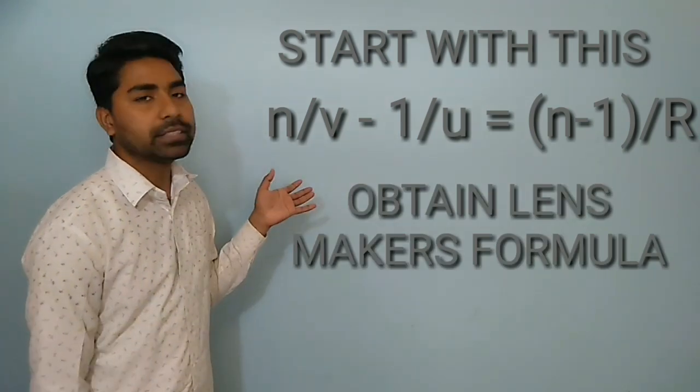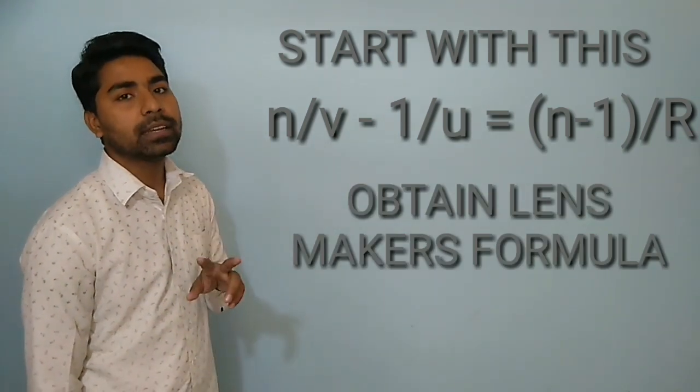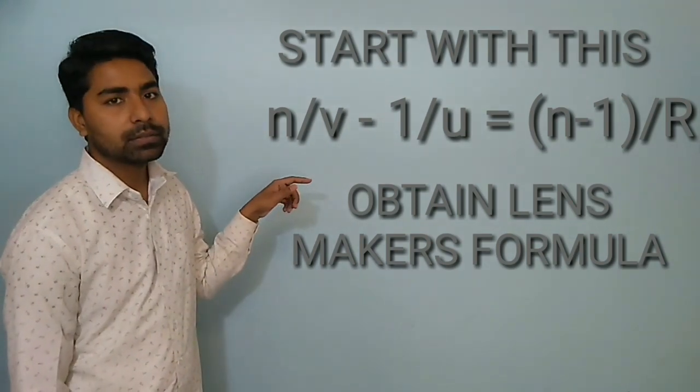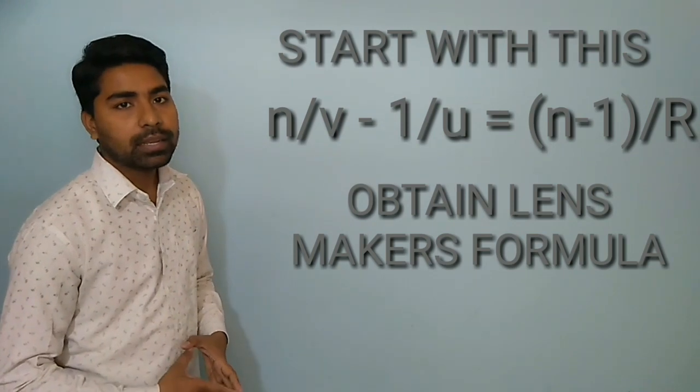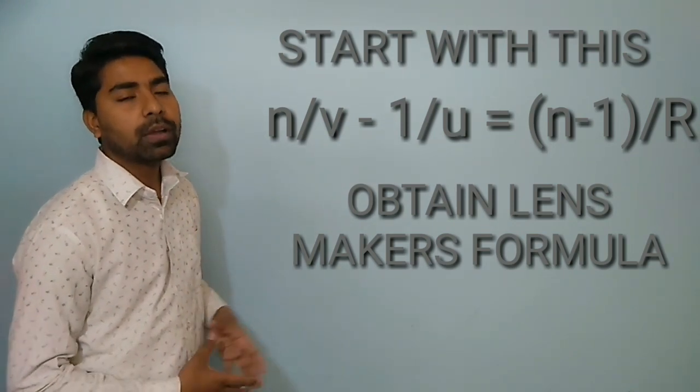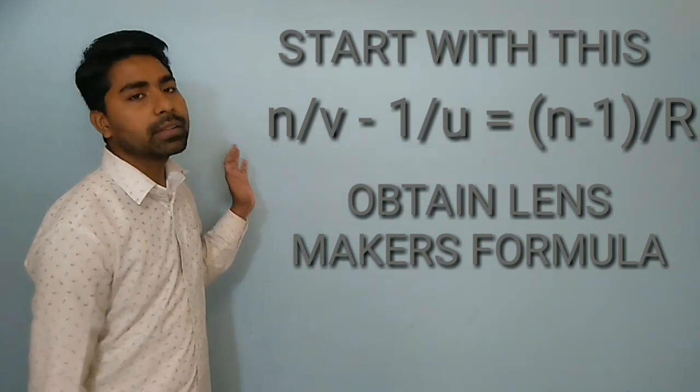So don't forget this equation. Either it will come to prove this one, or it will say start with this equation and obtain the lens maker formula. So we are going to prove the lens maker formula. Let's see in the sheet.